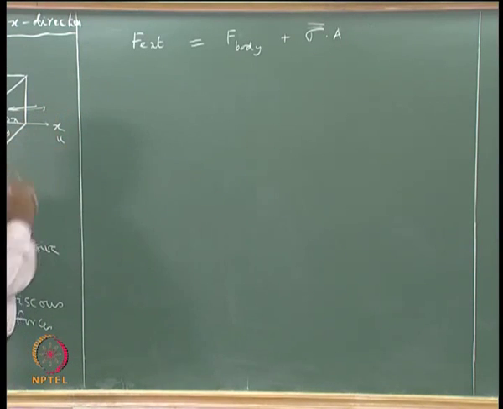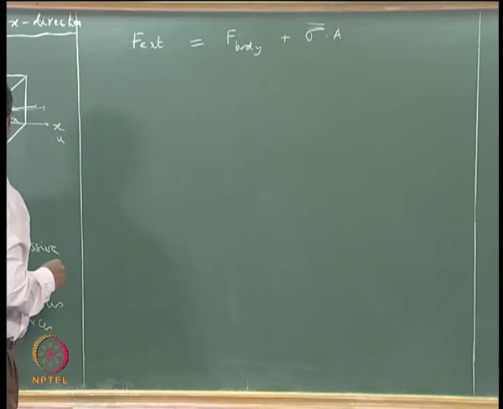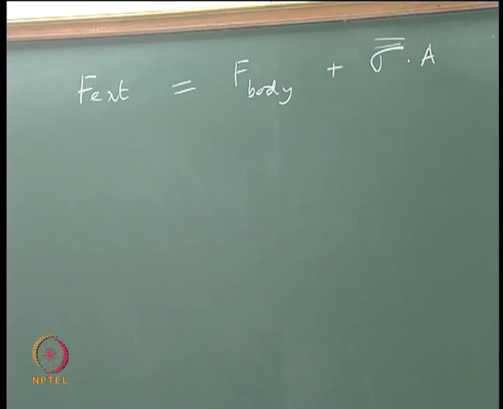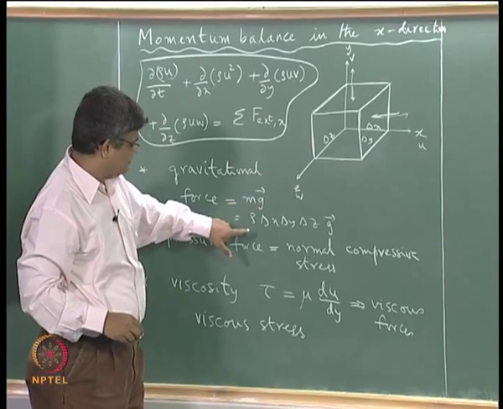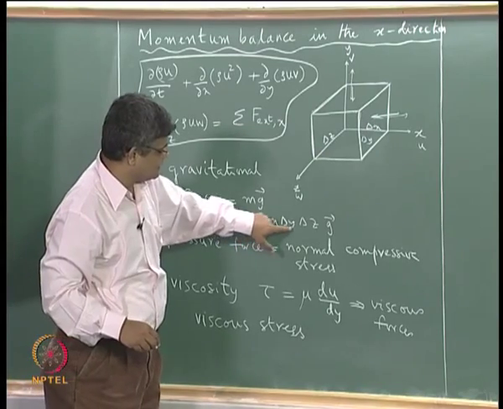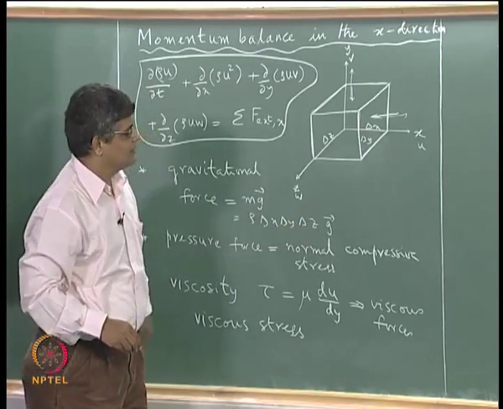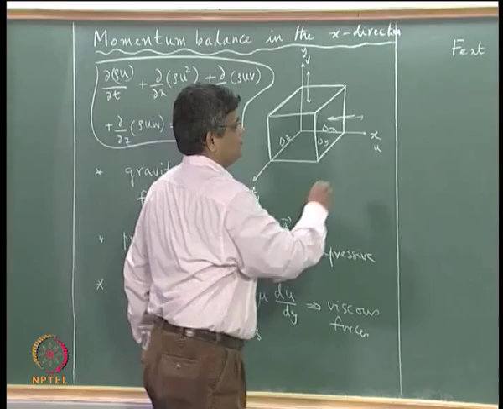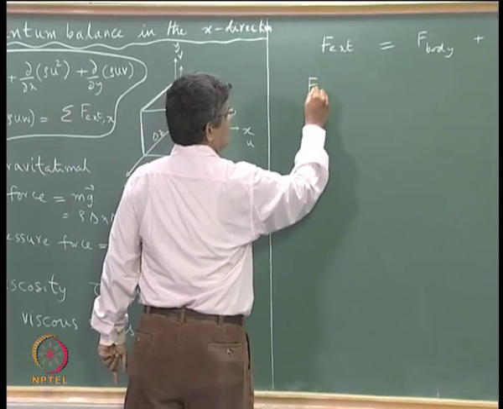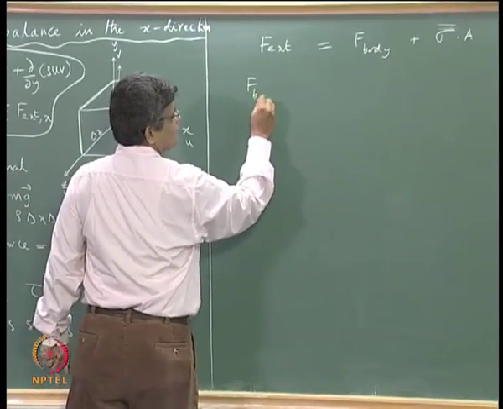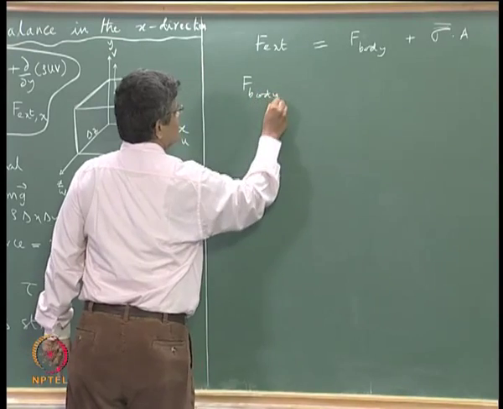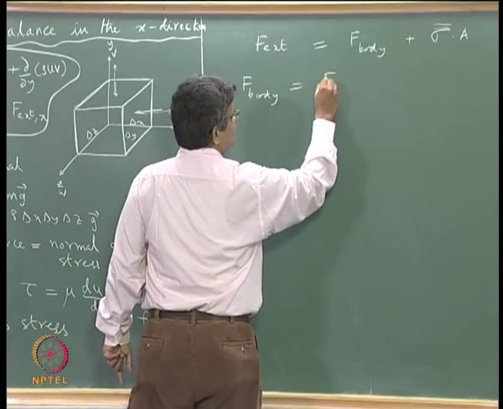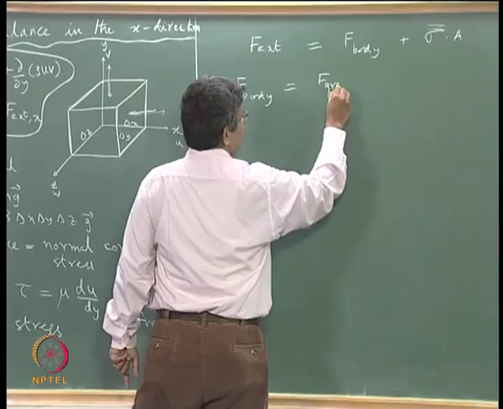We will evaluate both of these separately, and among the body forces we consider gravitational force, which we know is mg. So this is rho delta x delta y delta z times g. So when we talk about the body force here, F body force is nothing but F gravitational.